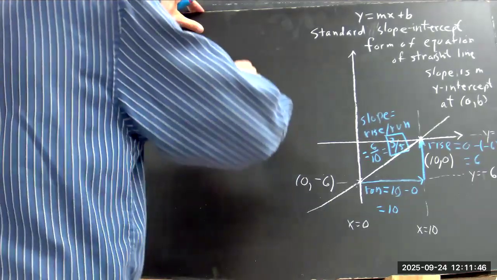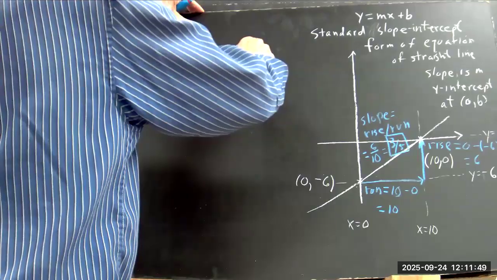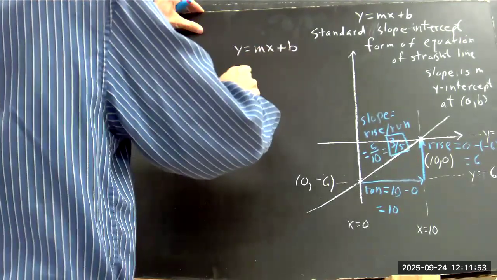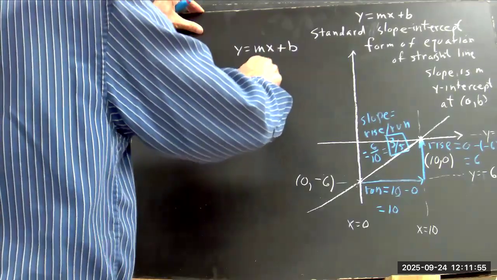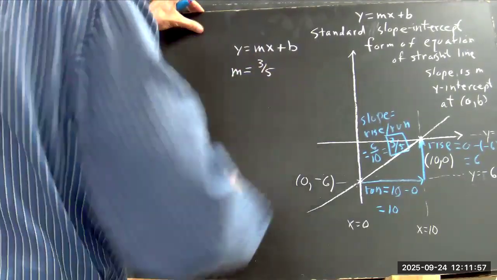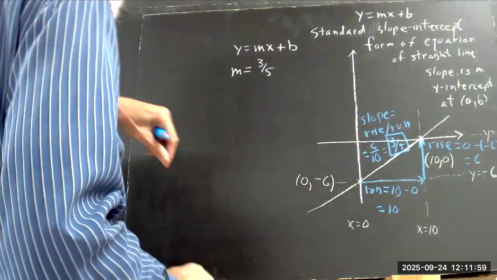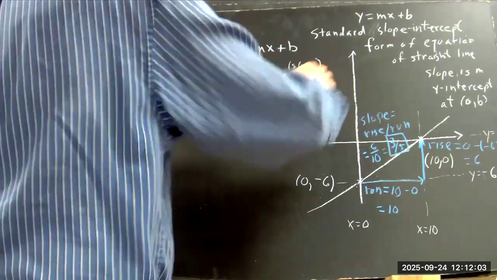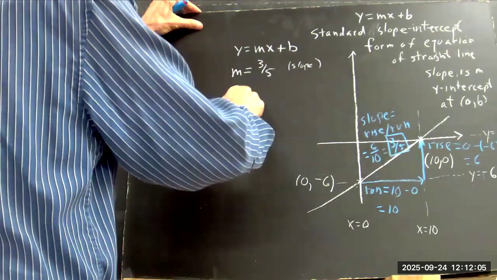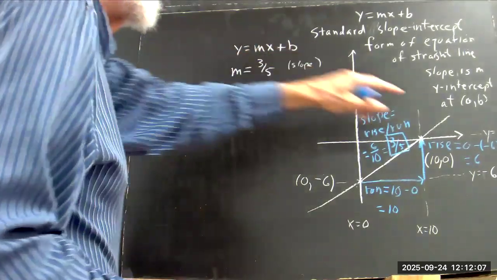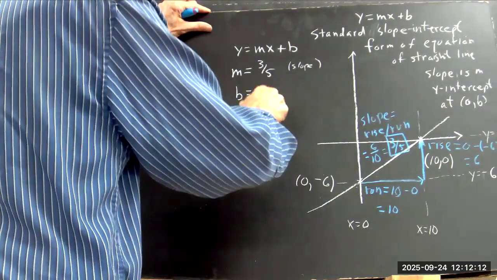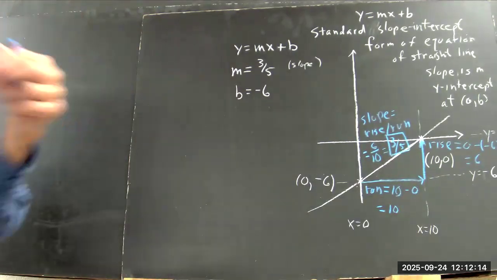Well, now we know m is the slope, that's 3/5. Maybe write the word slope in parentheses. And b equals, well, the y-intercept's at 0, we have the point 0, -6, so b must be -6.